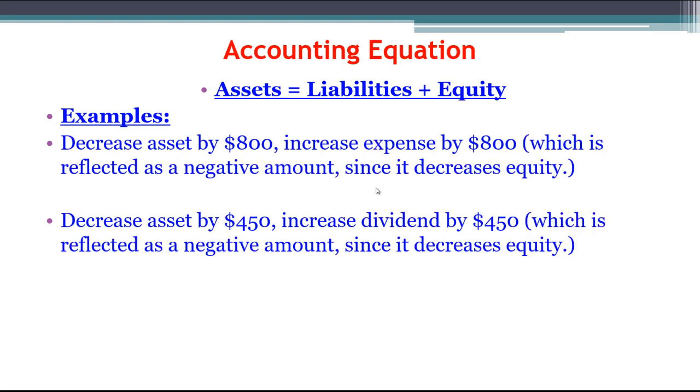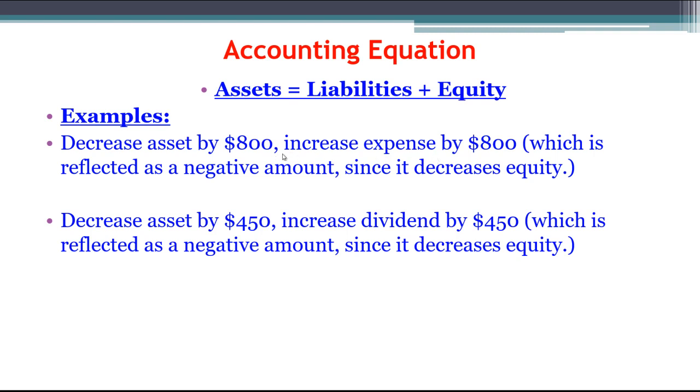Now here, these are the more complicated ones when we start talking about expenses and dividends. We might decrease an asset on the left-hand side by $800. So we know the right-hand side has to decrease by $800 as well. But let's say we're doing this with an expense. We have a new expense that we've recorded.